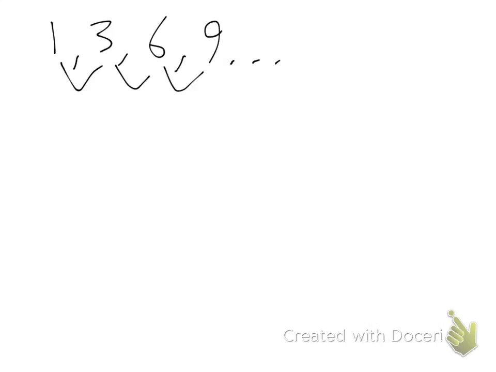So, an example of 0, 3, 6, 9 is what kind of sequence? It's going up by 3's. How we do this is say it's 3 minus 0. Actually, the first number should be a 0, right? Sorry.